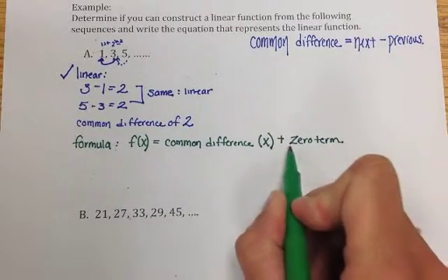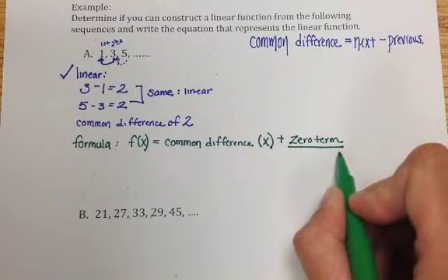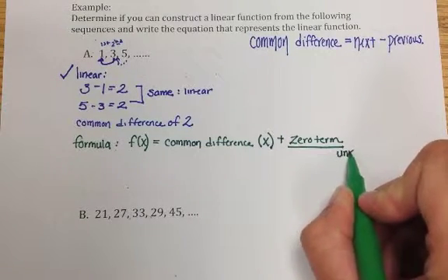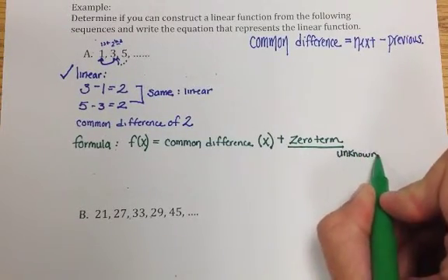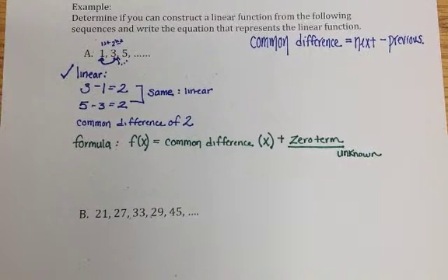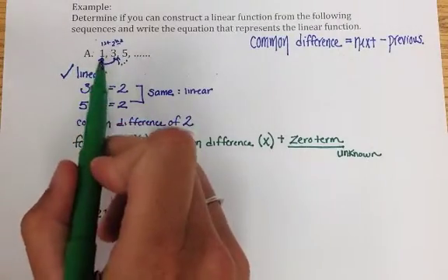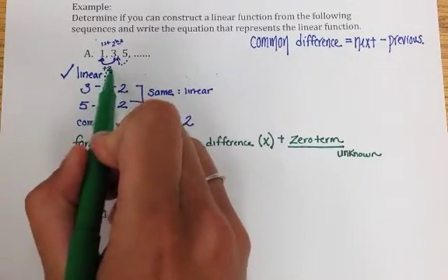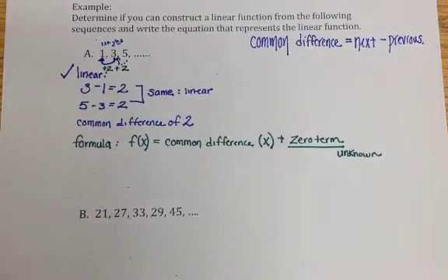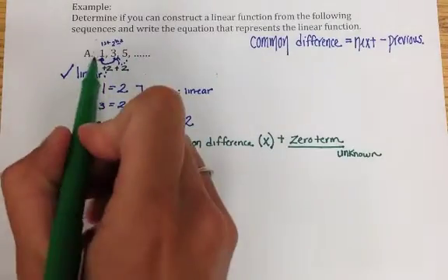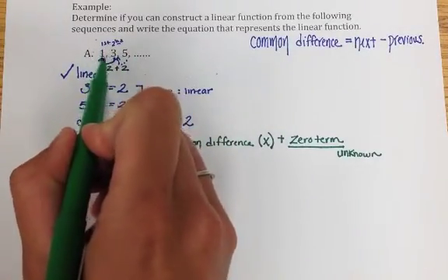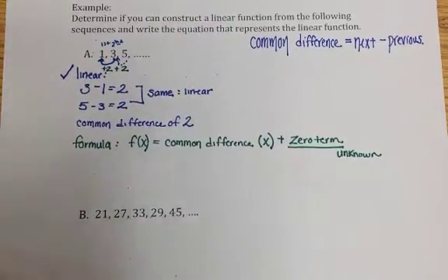In our 0 term, right now, this is our unknown. The 0 term is saying, what's the term that comes before the first term? Because here, to get from one term to the next, we're adding 2 each time. But we want to know what happens if 1 becomes our next term.